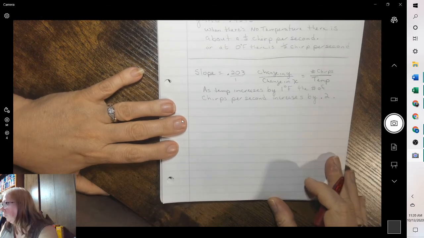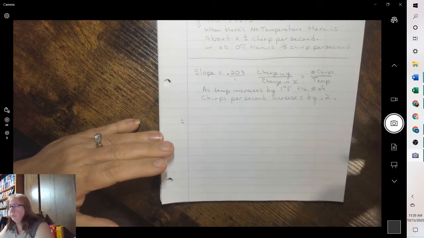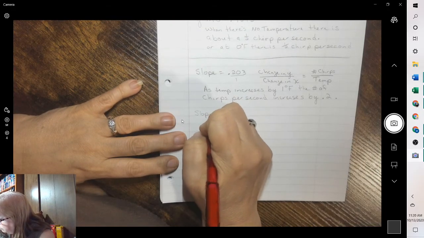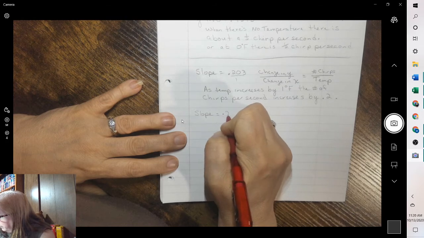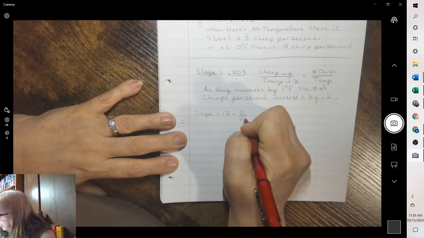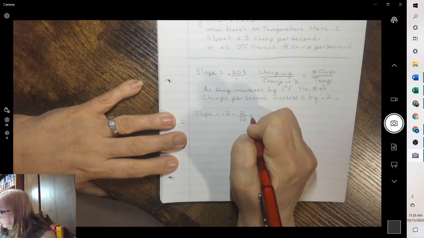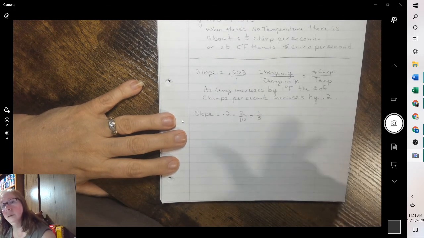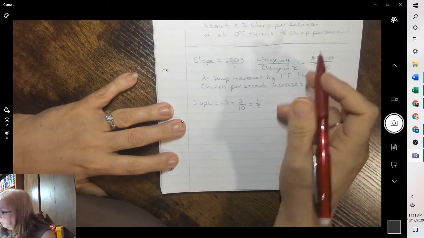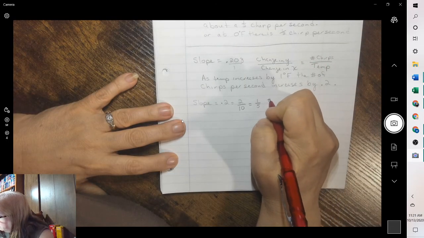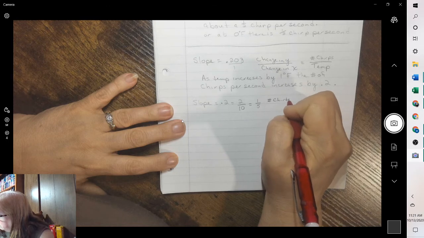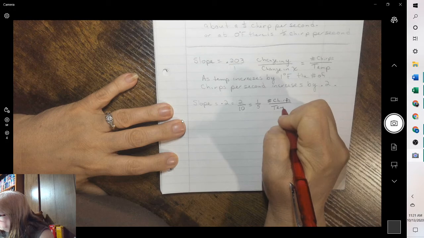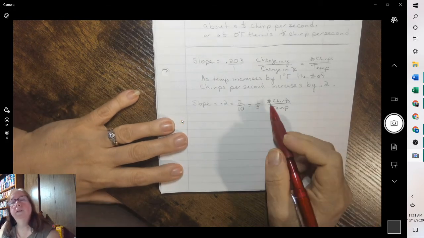Now another way you could write that if you don't want 0.2 chirps, we know the slope is 0.2, which reduces to 1/5. So then we can use this.